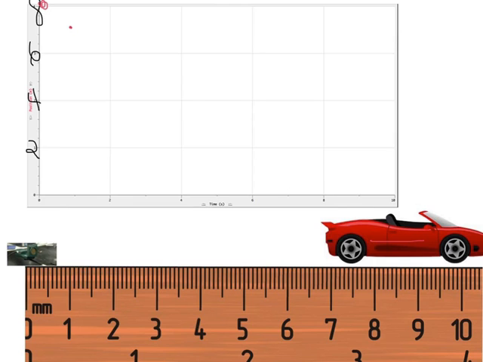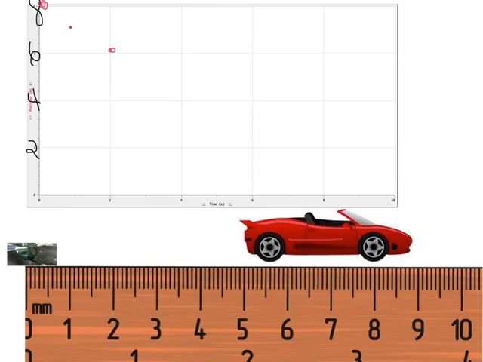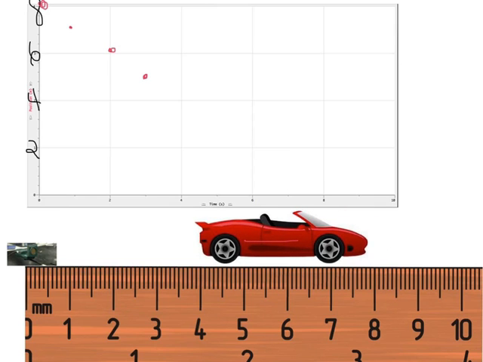And after 2 seconds, he's going to be at 6. So then I make a dot here. And if another second later he's at 5, because he's backing up, I'm going to be here. And if in another second he's at 4, he's going to be there.